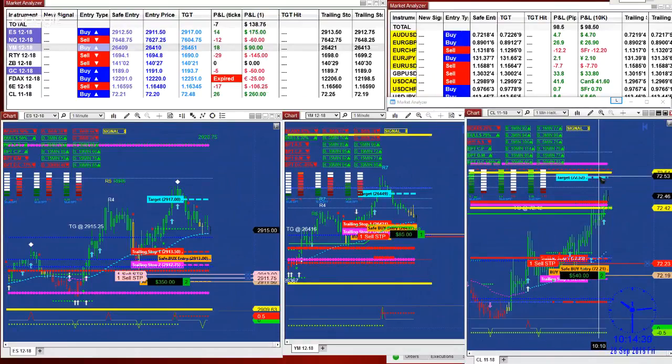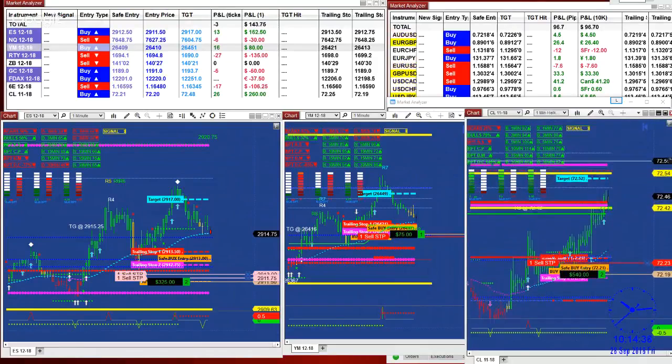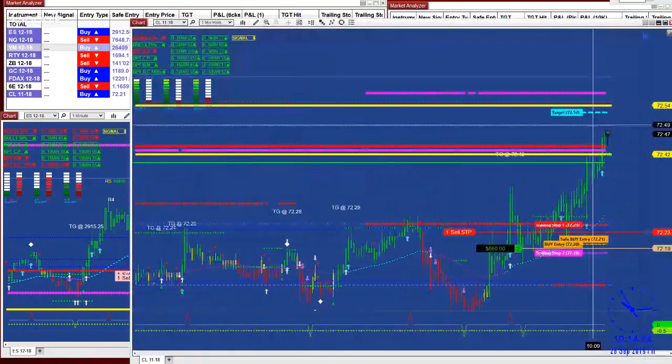The target is 72.52, followed by a resistance, another resistance, another resistance, and now we are diving in those two yellow lines. For the ones who are following us, those two yellow lines mean there are no more trades to the long side. So it's screaming, telling us there is no more trade on the CL.